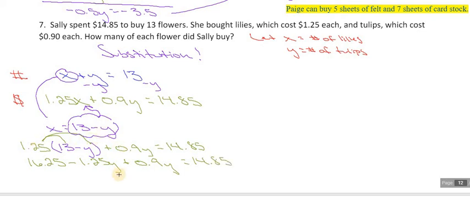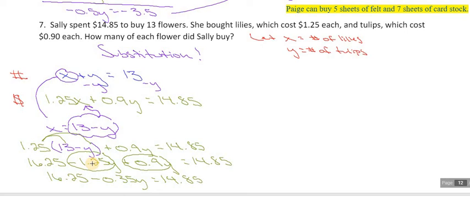Before we go ahead with inverse operations, we want to collect our like terms. So I've got some y's on this left-hand side that we're going to bring together. So that gives us 16.25 minus 0.35y equals 14.85.